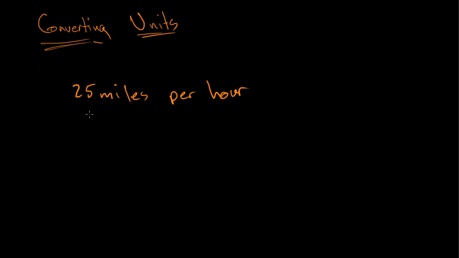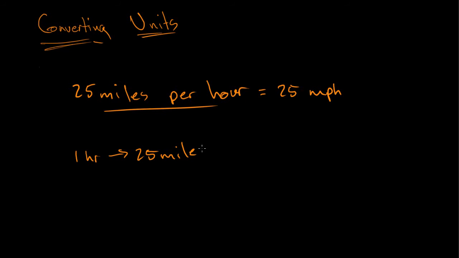This speed, 25 miles per hour, or 25 mph as it's sometimes written, really means that in 1 hour, the car can drive 25 miles at that speed. Oftentimes we write the speed as a fraction, 25 miles per 1 hour.